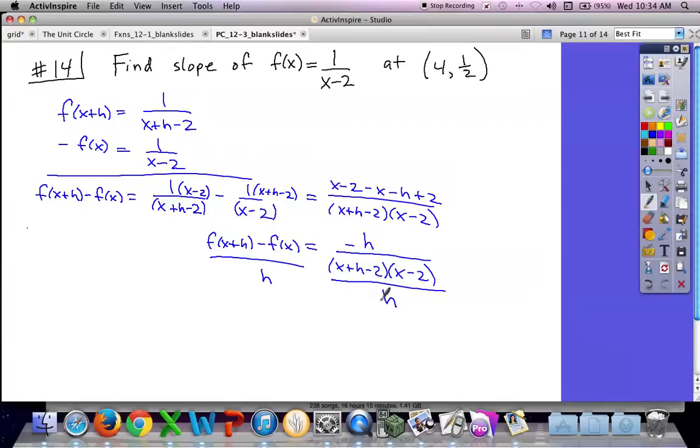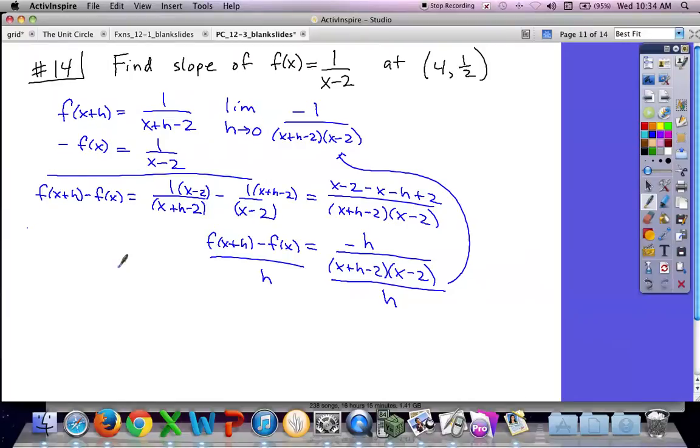So I'm going to write it up here. So when we cancel those h's, we're going to have negative 1 over x plus h minus 2 times x minus 2. Right, that's this. And now we can take the limit as h goes to 0.